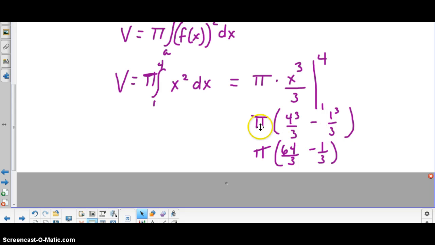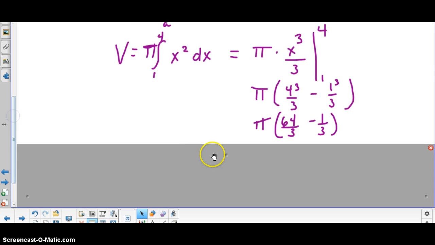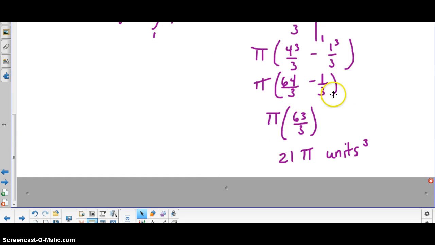We'll just leave our pi out here. That just makes our math a little easier. That simplifies to 64 over 3 minus 1 over 3, which is 63 over 3, and 63 divided by 3 is 21. So that makes our final answer 21 times pi units cubed.